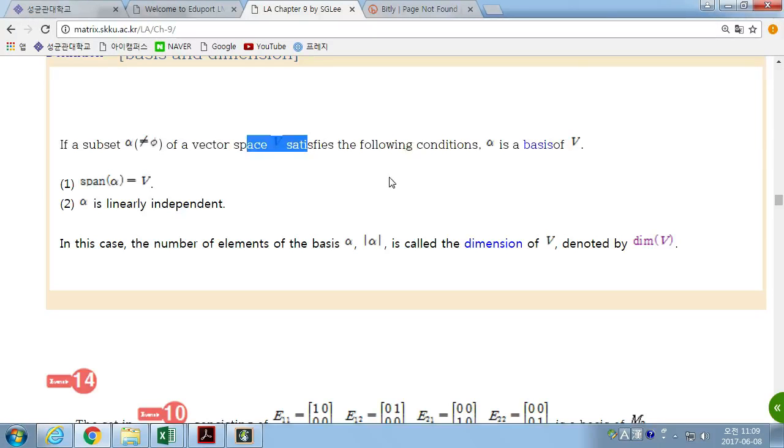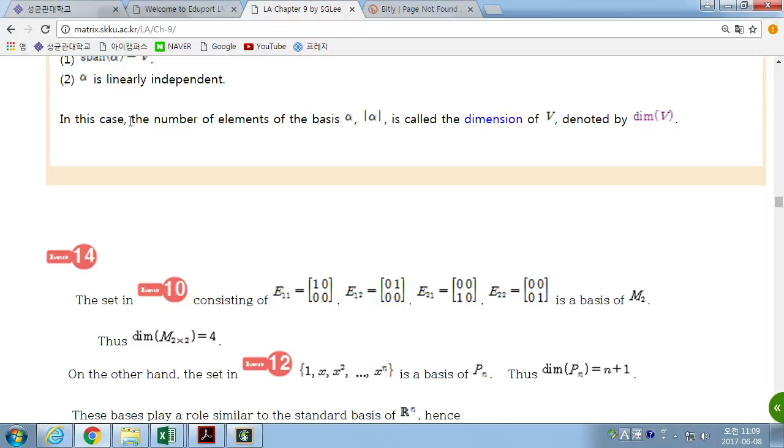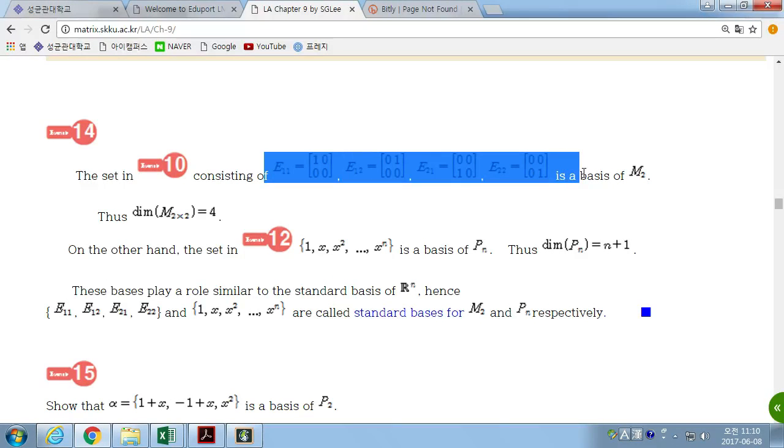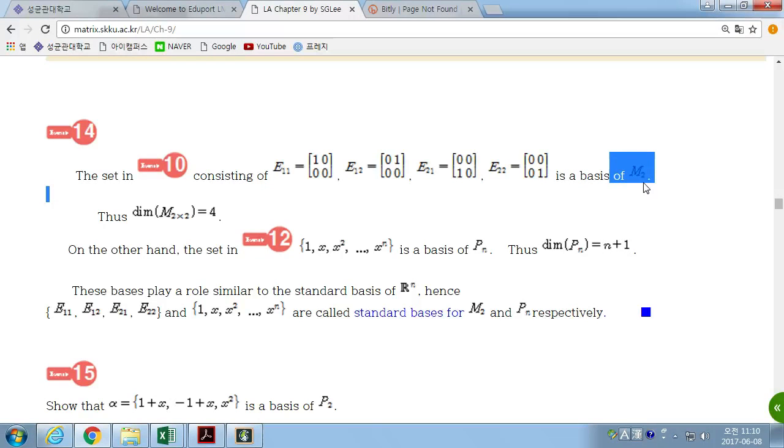Same definition as before, like what you did for Rn and Cn. In this case, the cardinality of alpha, the number of elements in the basis alpha, is called the dimension of the vector space V, and we write it as dim V. So in the earlier example, the Eij's form a basis for M2 because they are linearly independent, and any 2x2 matrix in M2 can be written as a linear combination of these four matrices.